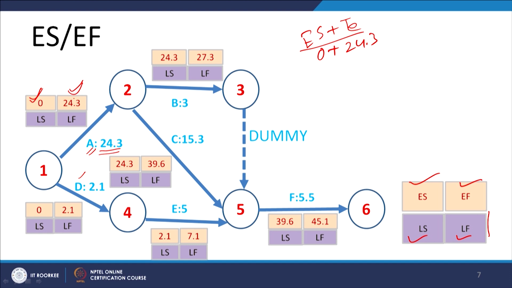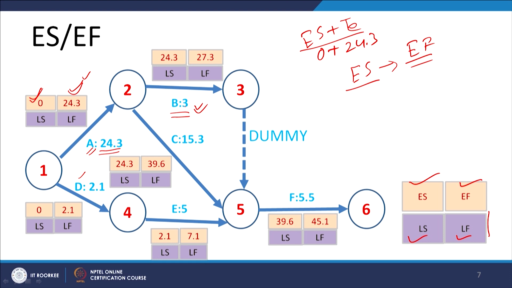Now, the precedence requirement for B is the completion of A, and B can be started only after activity A is completed. So the earliest start time becomes the earliest finish time of the predecessor activity. Activity B can be started only after the completion of activity A, for which the earliest finish time is 24.3.